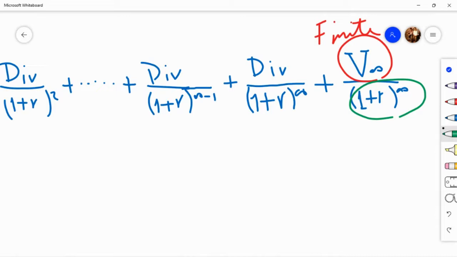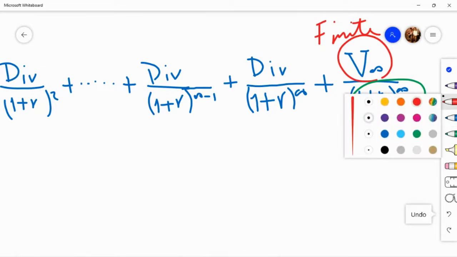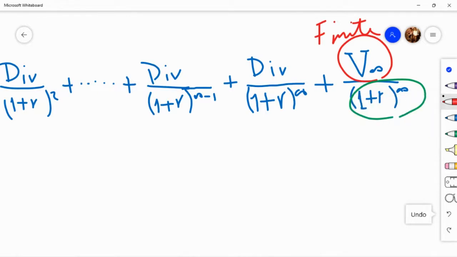So basically, what's going to happen? You divide, and it will become close to zero, not perfectly zero, but close to zero.